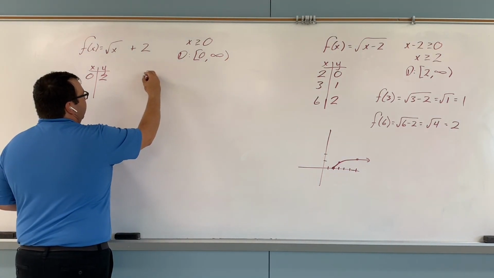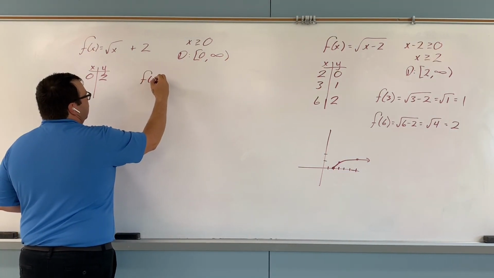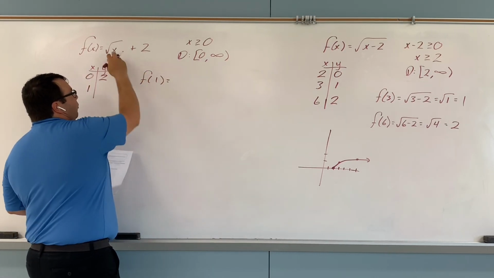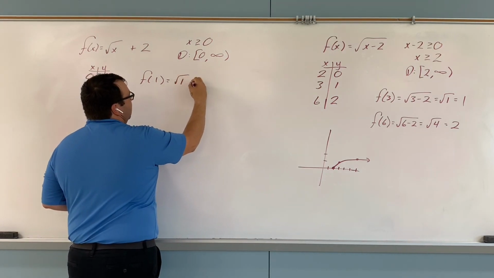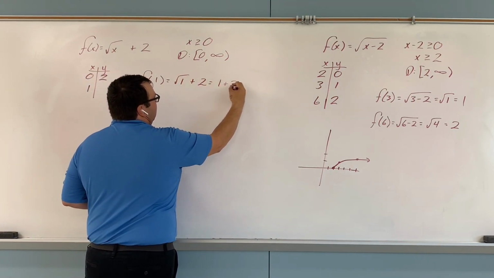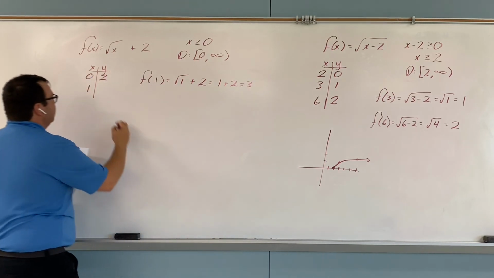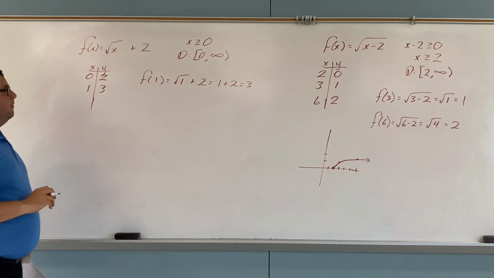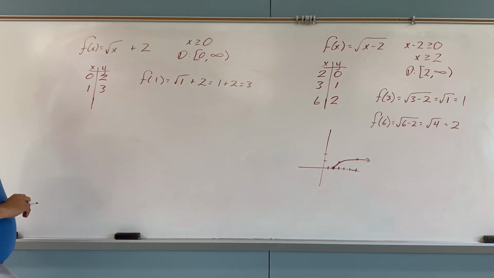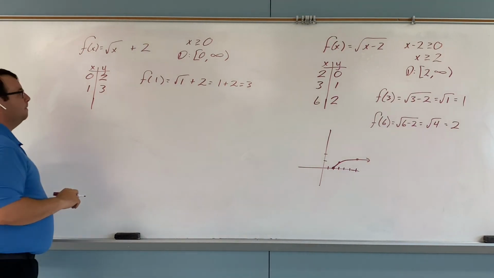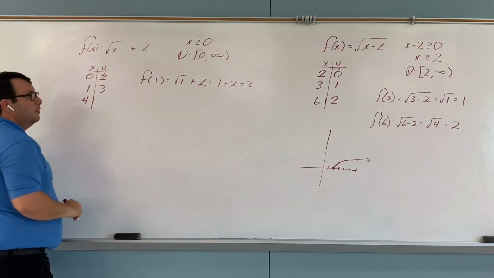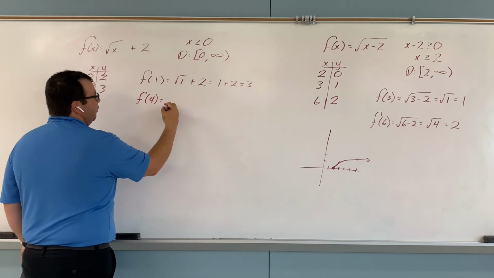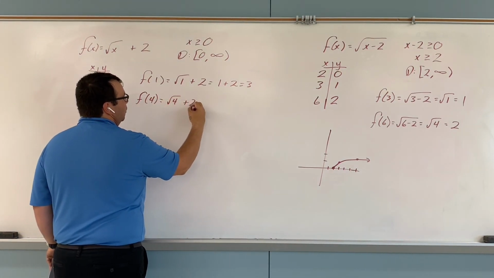Now, let's try another input. Let's try an input of 1. Why 1? Well, the square root of 1 is 1. So square root of 1 plus 2 is 1 plus 2, which is 3. How about my next value? What do you think it should be? How about 4? The function at 4 is equal to the square root of 4 plus 2.